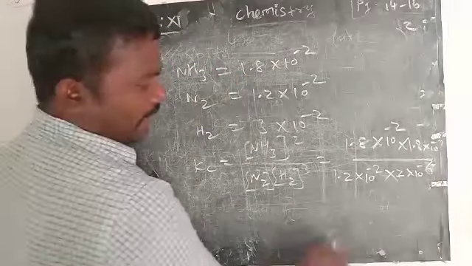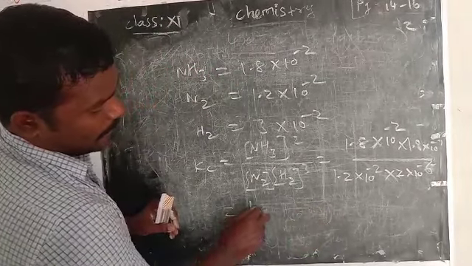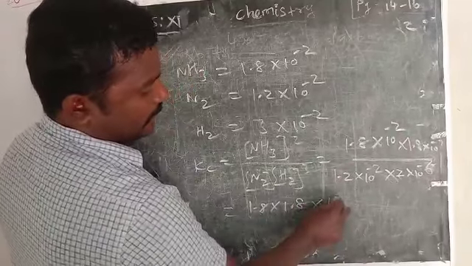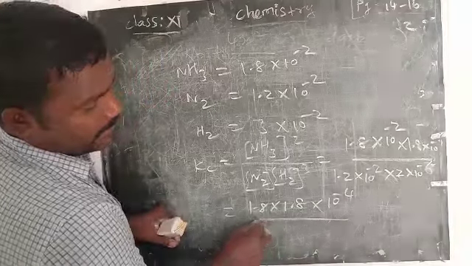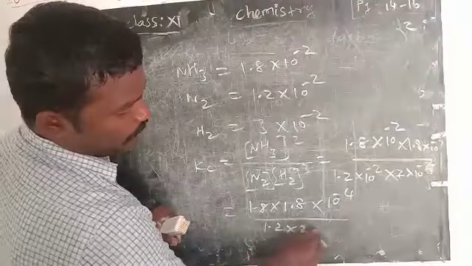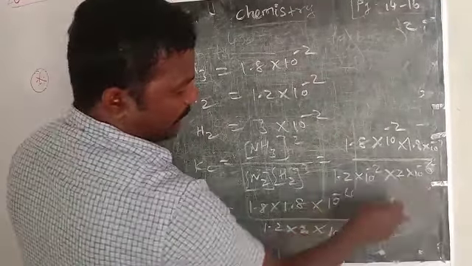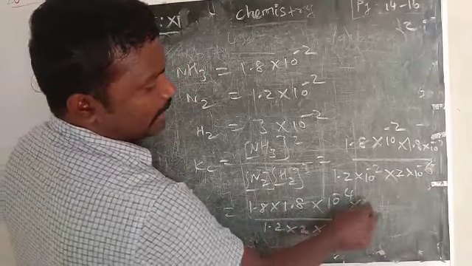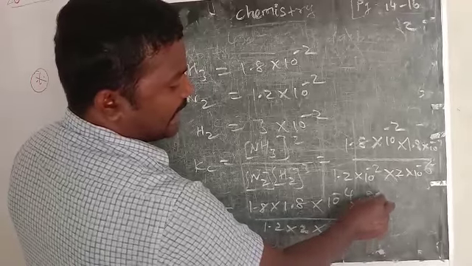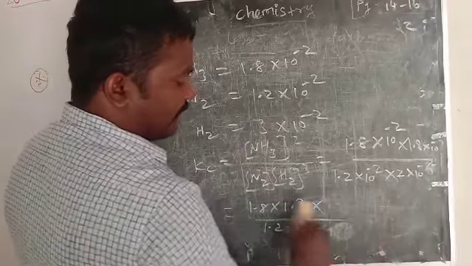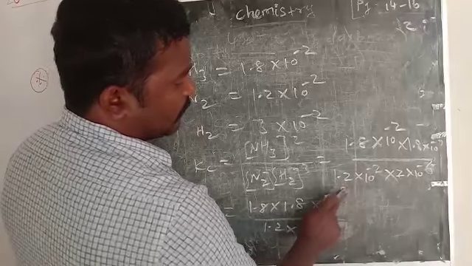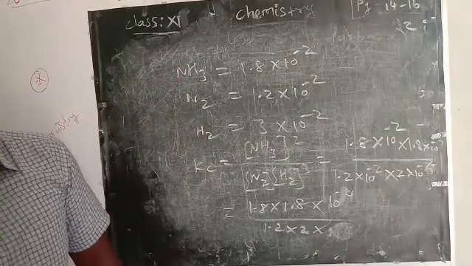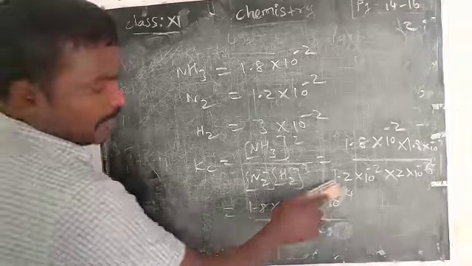Now you can simplify. 1.8 into 1.8, 10 power minus 2 minus 2, 10 power minus 4, divided by 1.2 into 27 into 10 power minus 2 minus 6, so minus 8. Minus 8 comes to the numerator means 10 power plus 8. So the remaining is 10 power plus 4.